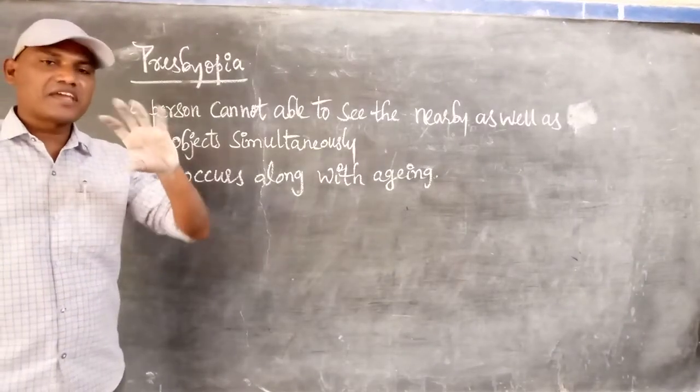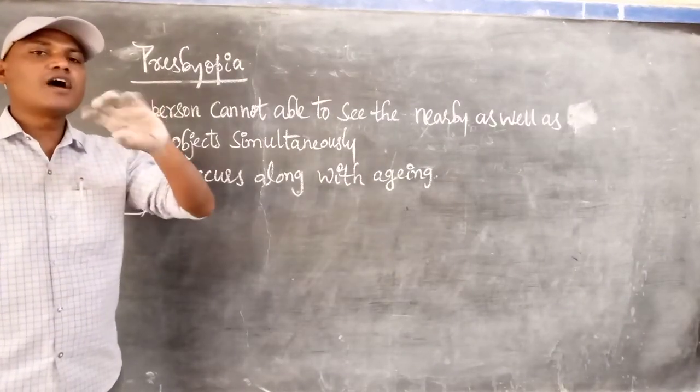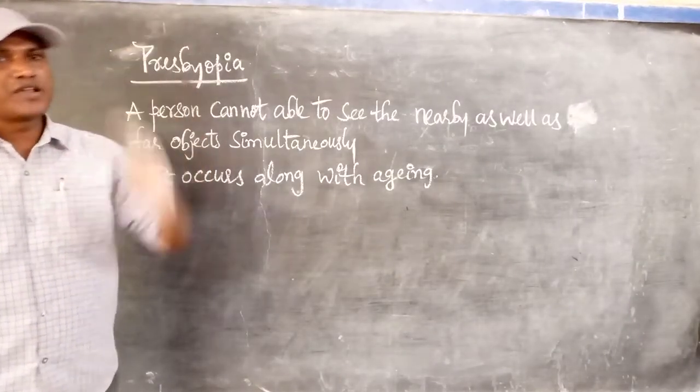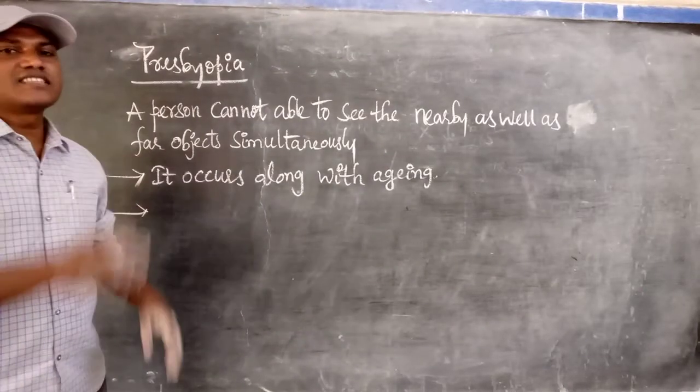Our eye lens loses the power of accommodation, which is adjusting the focal length.